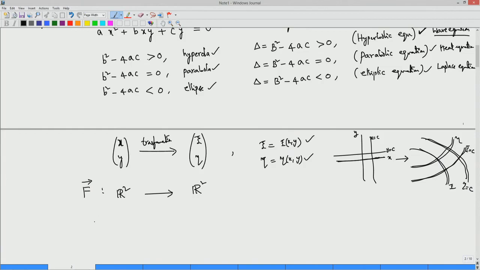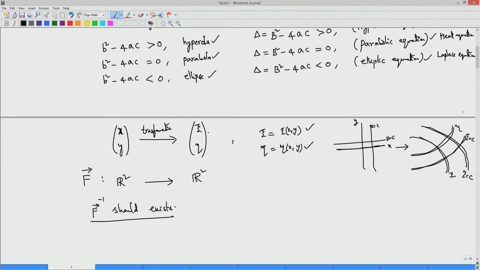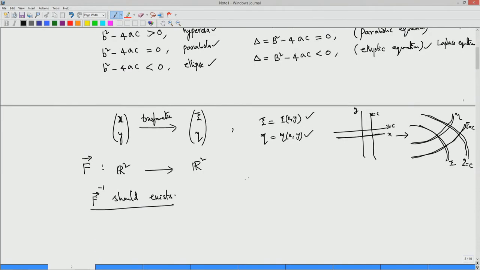To get this inverse transformation, f inverse should exist, at least locally. Then I do not have an issue, I can always come back. What is the meaning of this? I have xi and eta in terms of x y.